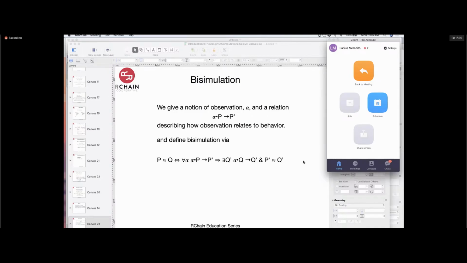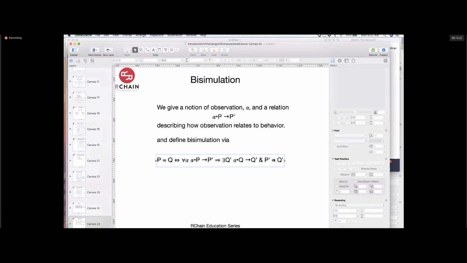We say that P is bisimilar to Q, or more generally, if a relation S is a bisimulation relation, if whenever, so that would look something like this.